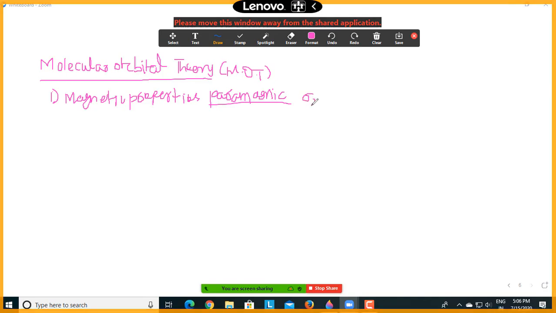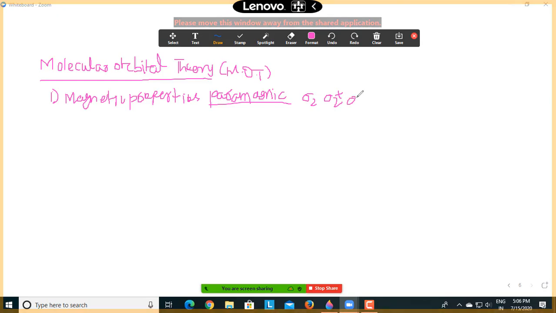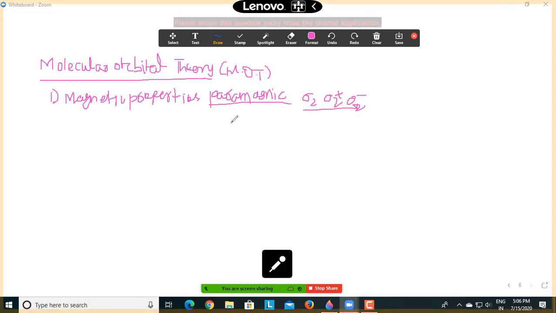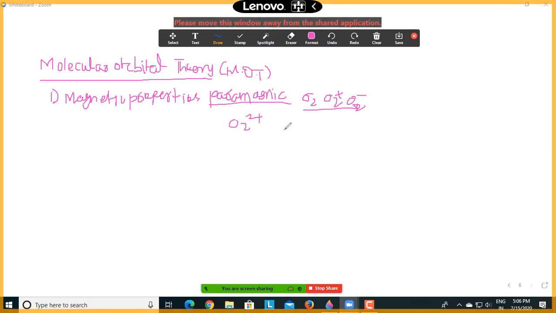Oxygen is a paramagnetic substance. O2 plus is also paramagnetic. But it is found, surprisingly, O2 2 plus is a diamagnetic substance and O2 2 minus is a diamagnetic substance. What is a diamagnetic substance?